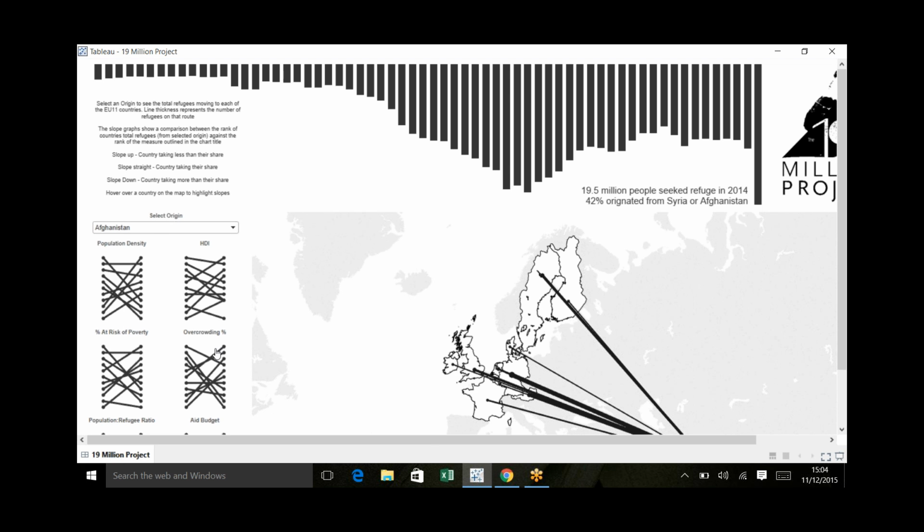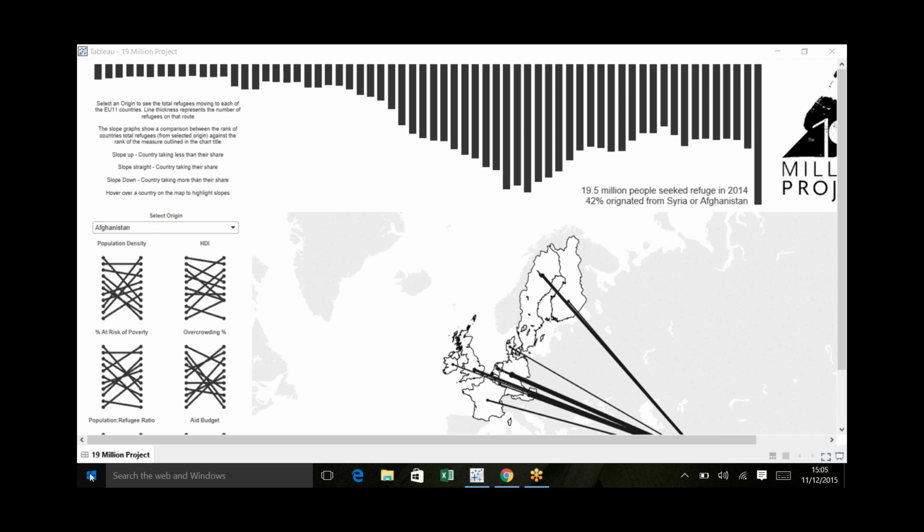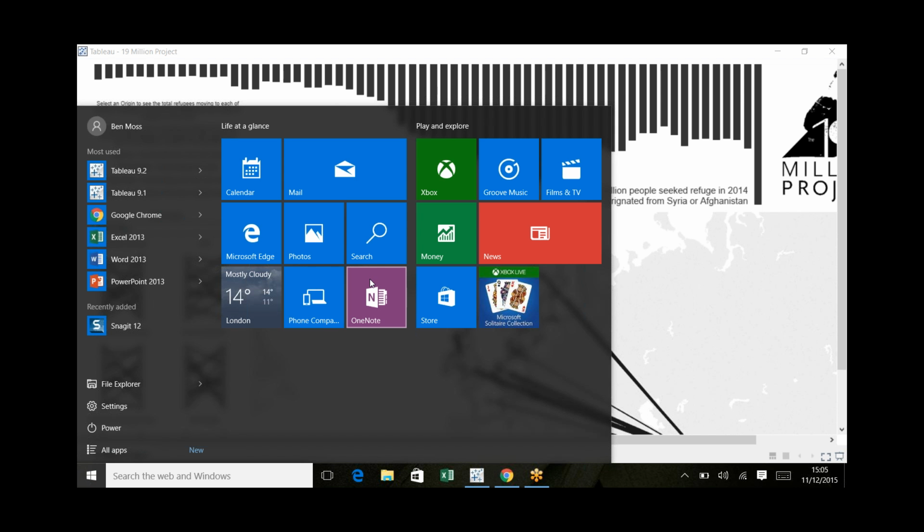How do you change the size of your screen? Right click where? Like the desktop. On the desktop. You can figure it out.